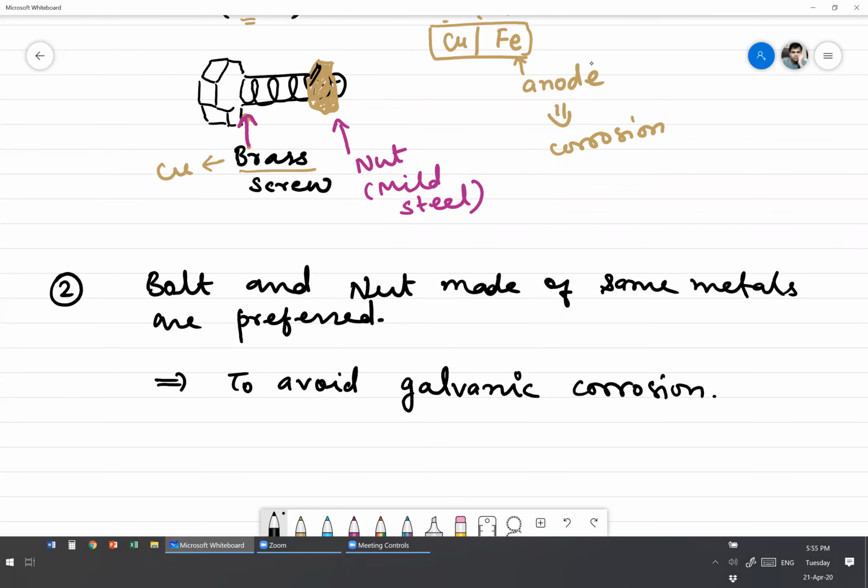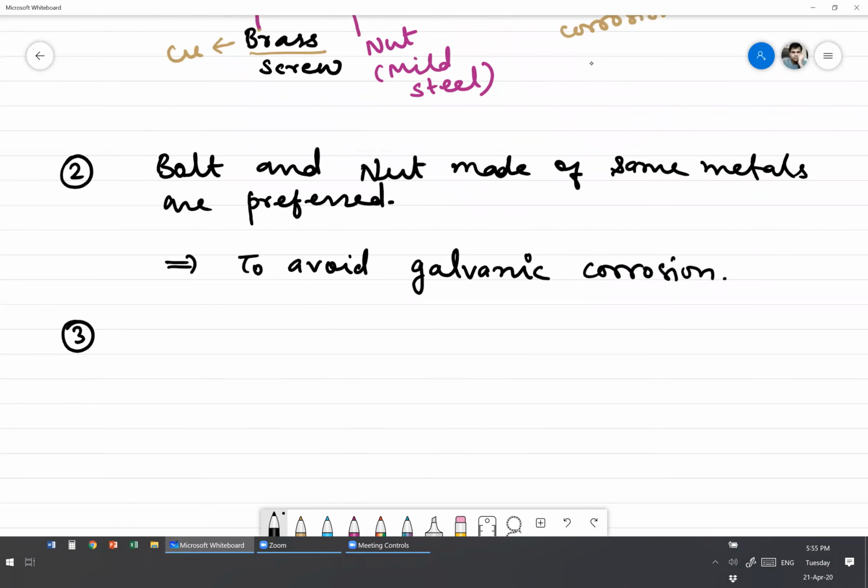Now another example you can see here. When the mild steel pipe is connected to copper plumbing, they undergo corrosion again.